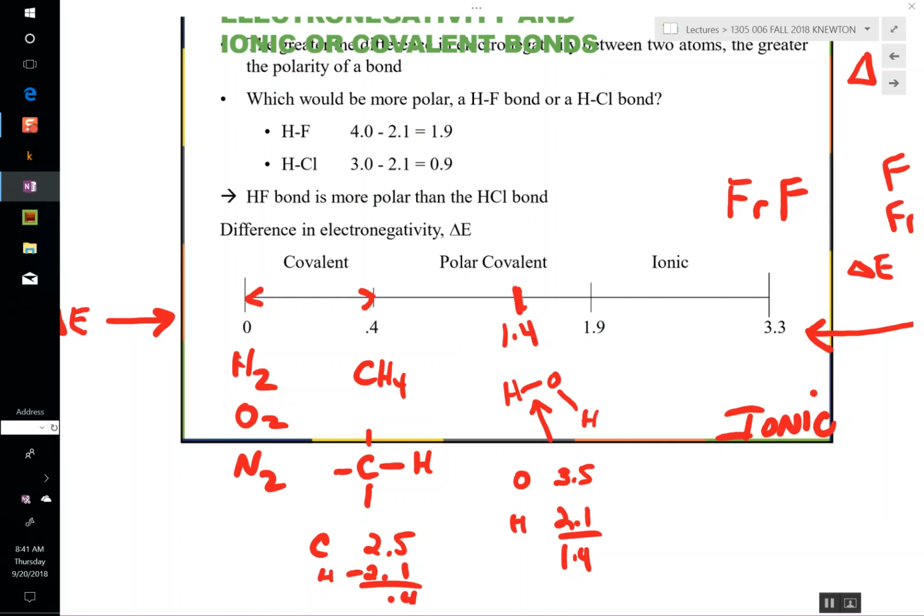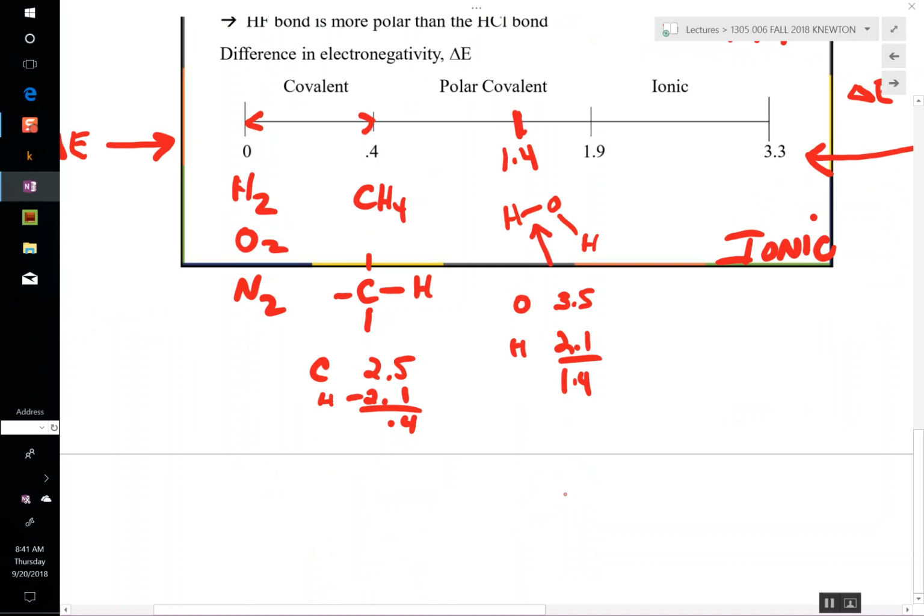Okay, so that's kind of how to use this. If you get a question that says, I'm going to react calcium with chlorine, what kind of bonding would be involved? Calcium chloride.